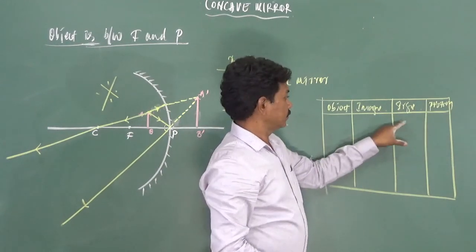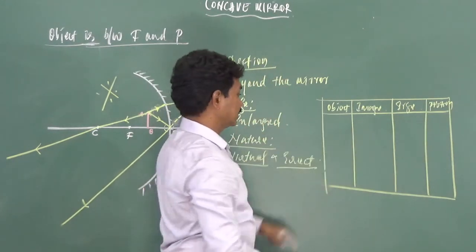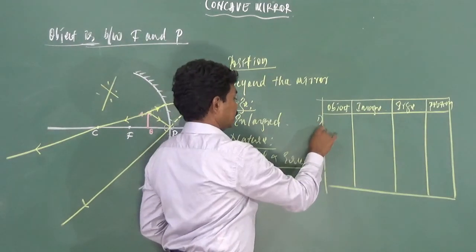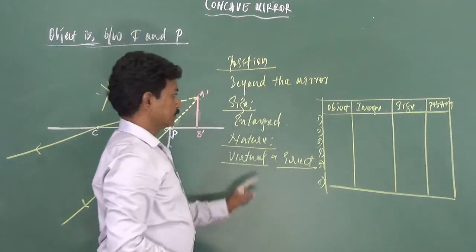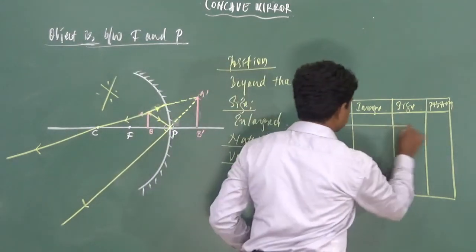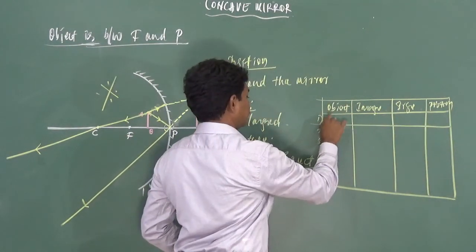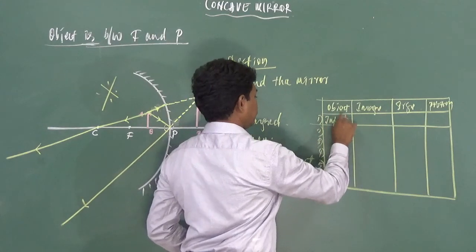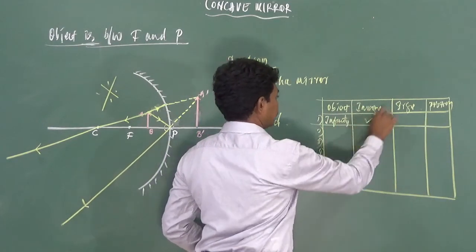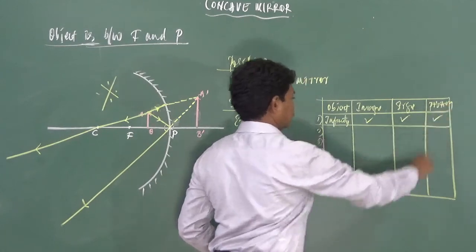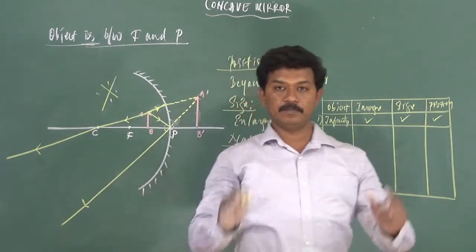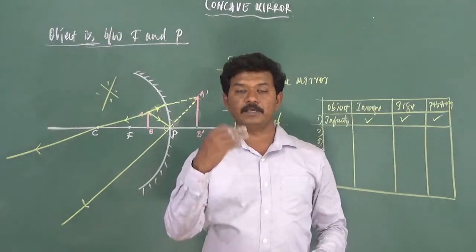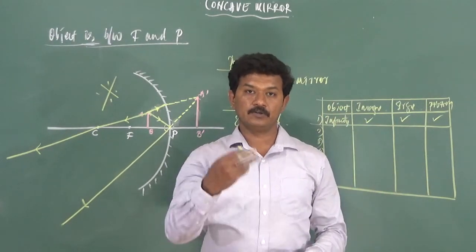All these 4 you have to fill for all 6: first one, second, third, 4th, 5th and 6th. For example, object is placed at infinity. Where is the image formed, what is the size of the image and what is the position of the image? Like this you have to fill all the 6. Frame the table for this and send me through WhatsApp in tomorrow's class.